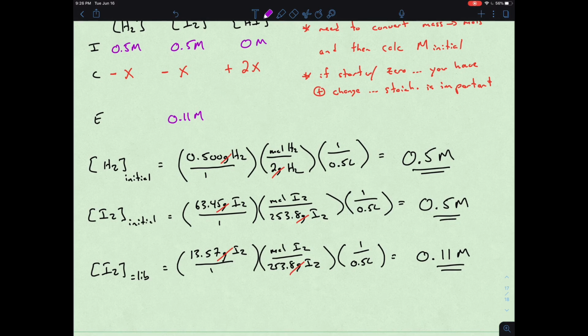So that means that our change would equal the iodine initial minus, right, the actual equilibrium value.